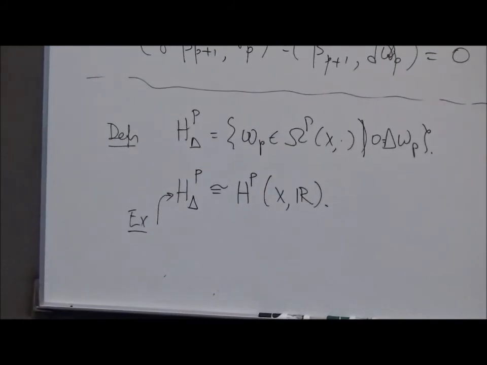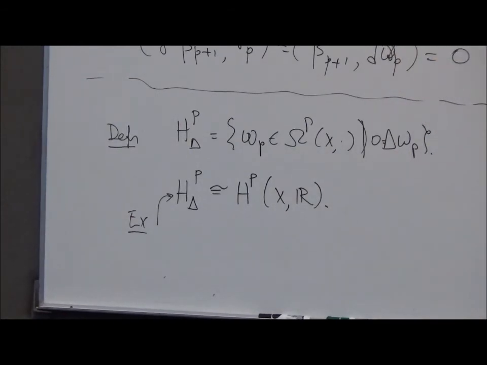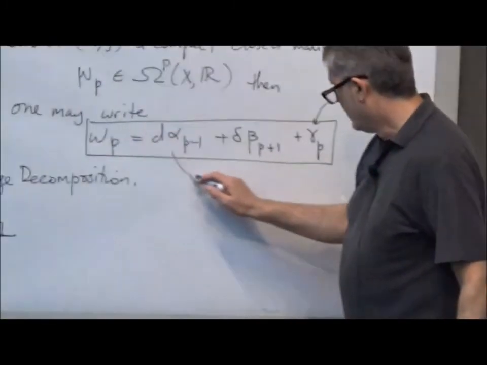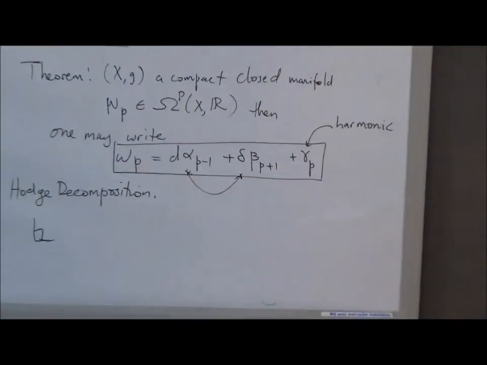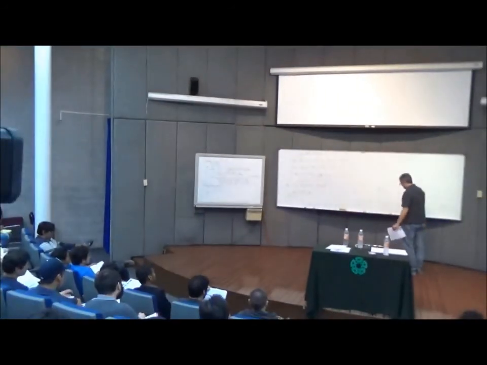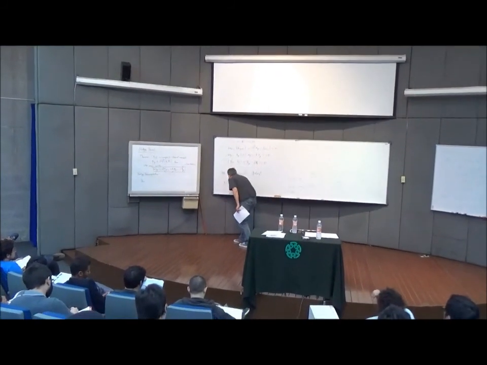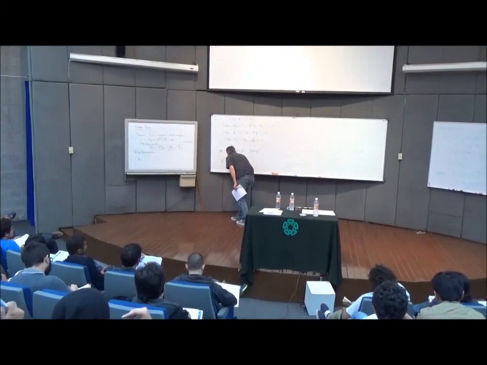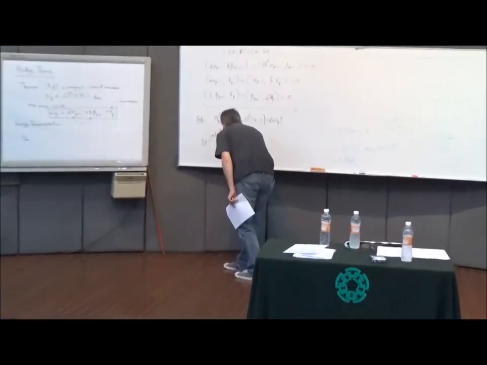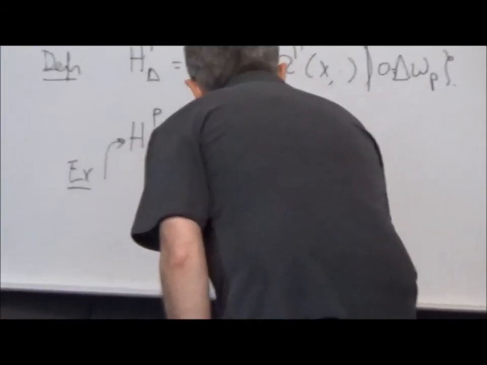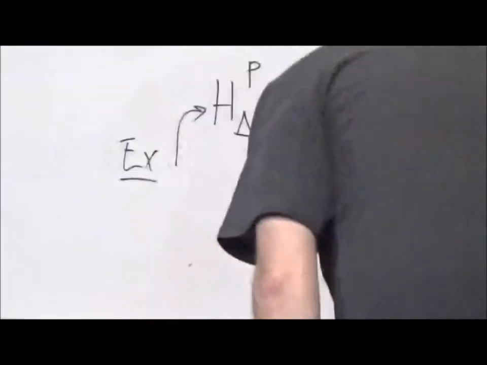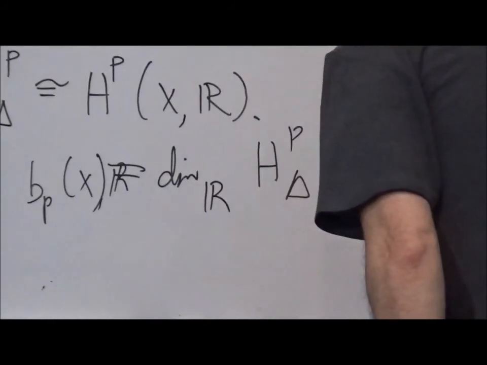You're halfway there. We know that they satisfy this. We also know that there's an orthogonal decomposition, so if you could write it as d of something, the delta part of that argument, the fact that these two things are orthogonal, tells you that that's not there. So we have that, and therefore the pth Betti number of X is the real dimension of the space of harmonic forms, which is what I really wanted to get to.